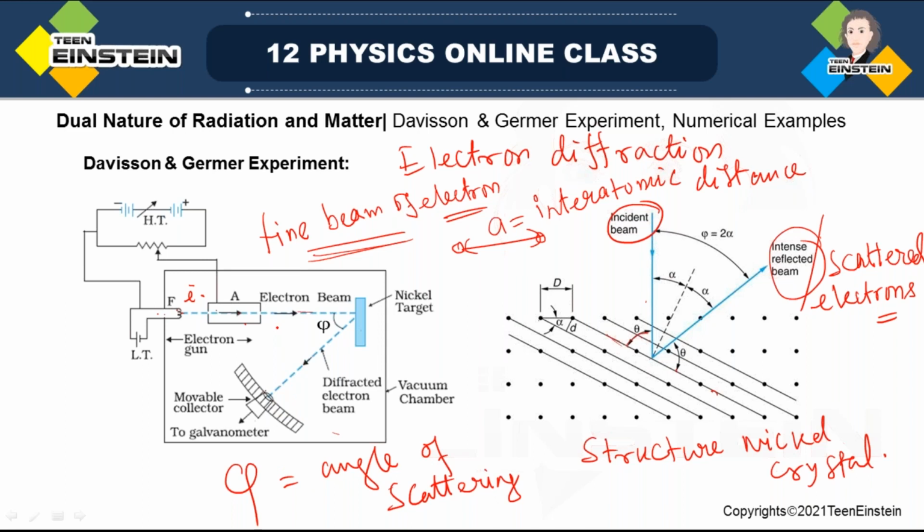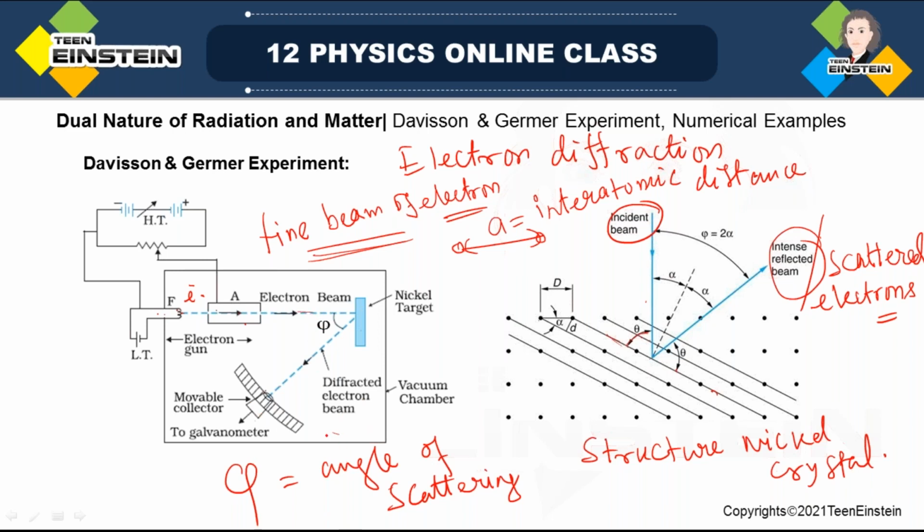What is that? It is the angle between the incident beam of electrons and the diffracted beam of electrons. This is called angle phi, or the scattering angle.